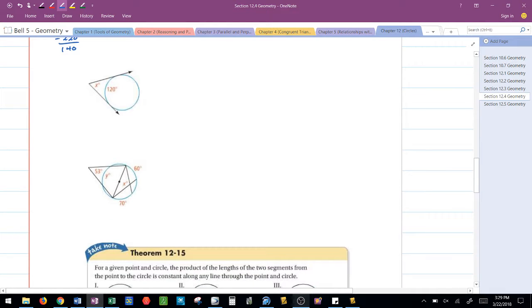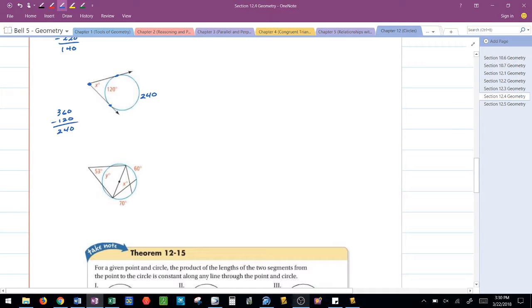I have an angle whose vertex is outside. In my mind right now, I'm thinking subtract and take half. The problem is, this is a tangent-tangent scenario, and I only know that this arc is 120. I need to know this arc over here as well. Well, if I take 360 minus 120, I know that that arc is 240 degrees.